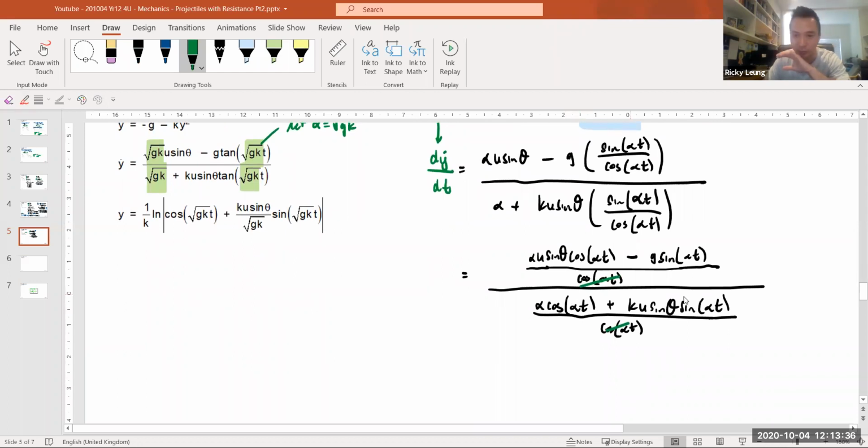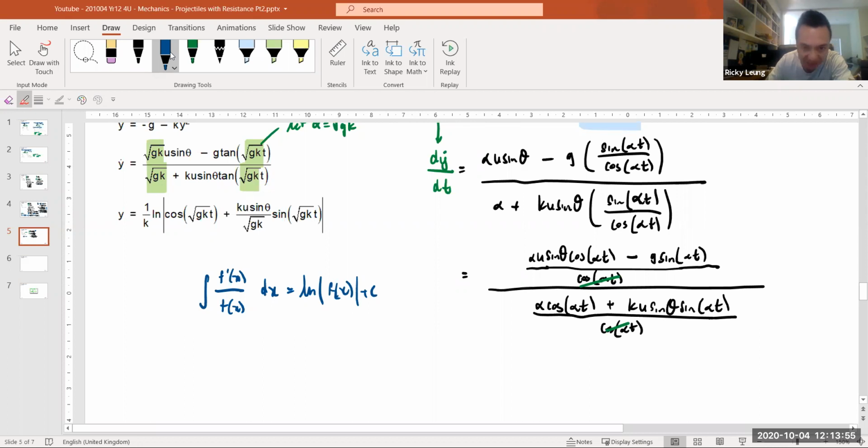Now, this is what I'm going to do. Do you guys remember this formula, right? From the reference paper, I'm going to try to integrate this, but if I have a fraction, and I can get the derivative of the bottom on top, that becomes ln of f(x) plus c, right? That's what I want to mimic, because right now the f(x) is this monster.